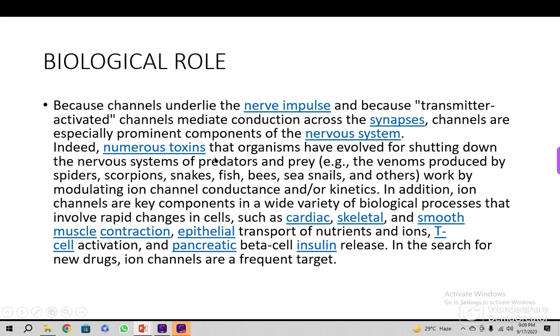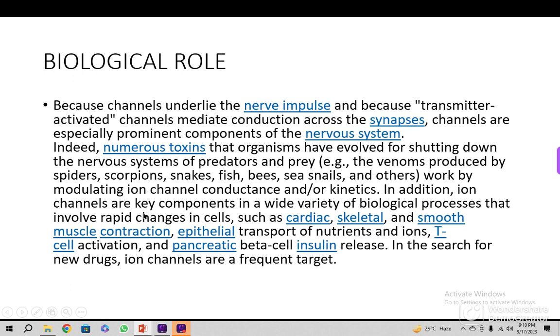Indeed, numerous toxins that organisms have evolved for shutting down the nervous system of predators and prey, from the venoms produced by spiders, scorpions, snakes, fish, bees, sea snails and others, work by modulating ion channel conduction or kinetics. That is why the poisons of different types, snakes and so on, are definitely harmful to the body, because they modulate it.